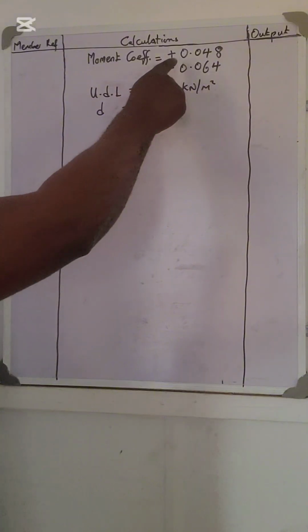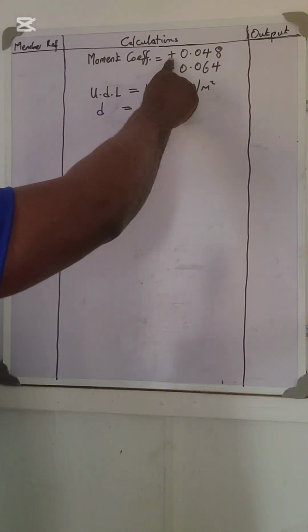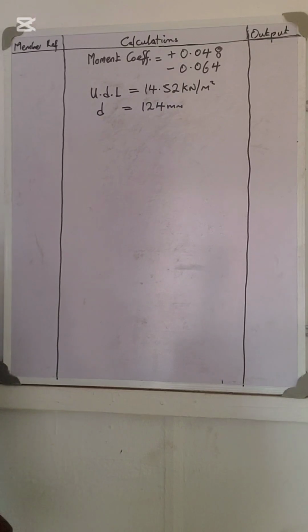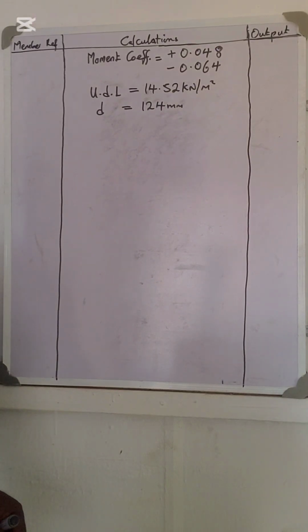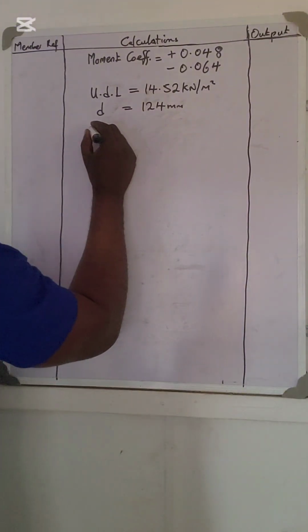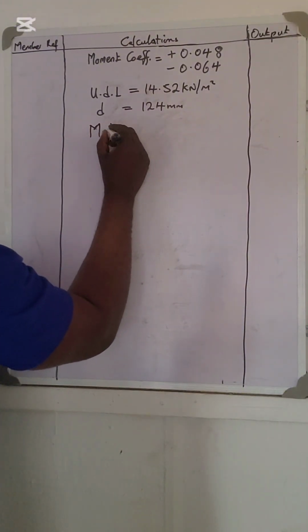Now, remember, when we are dealing with the positive moment coefficient, we are actually trying to design for the mid span of our slab, for our panel. Okay, now we call this one mid span moments.